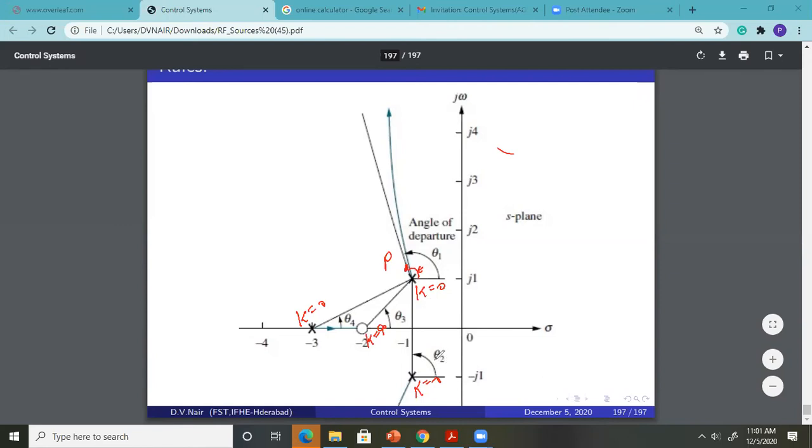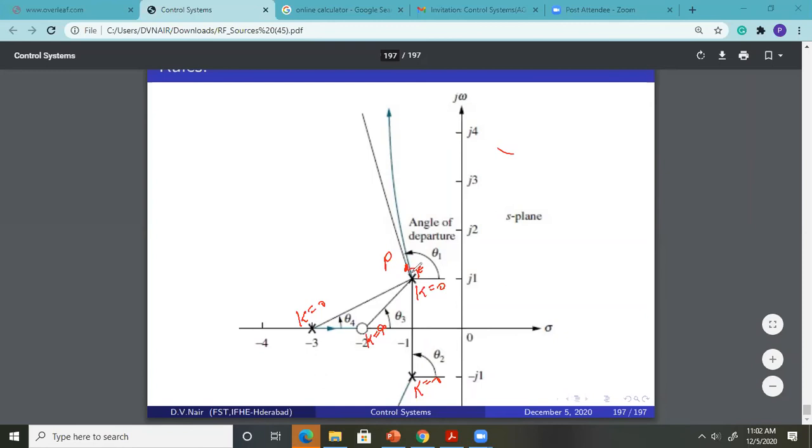Though theta 2 is the angle made by this pole with the line joining this open loop pole, not point P. But since P is in the immediate neighborhood, very close to this, the line joining the open loop pole will be as good as the line joining to that point P. This angle theta 2 will be more or less the same. Same will be for angle theta 3 and theta 4. Do you agree with me here, what I am saying?